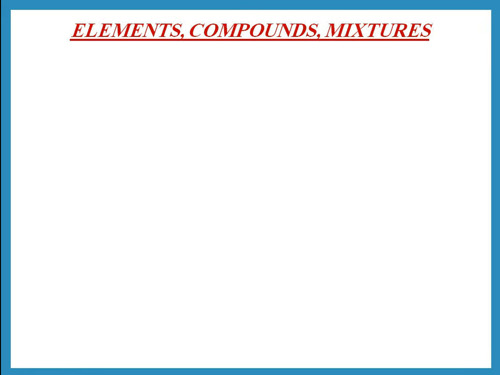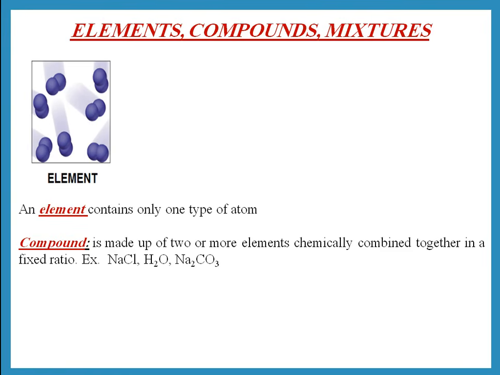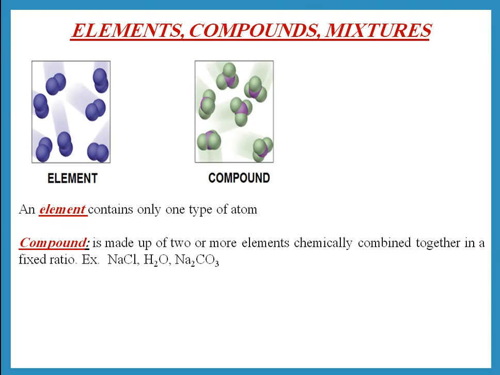So this is the basics that we talked about last year on the last course. When we talk about elements, compounds, and mixtures, we said an element contains only one type of atom. So it could be made up of 2 atoms joined together or 1 atom alone, but all the atoms are the same type. So that's an element. A compound is made up of 2 or more elements chemically combined together in a fixed ratio.